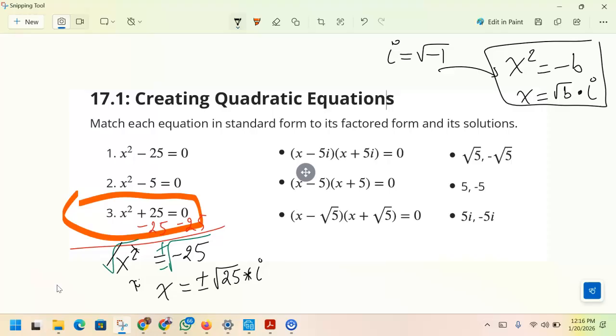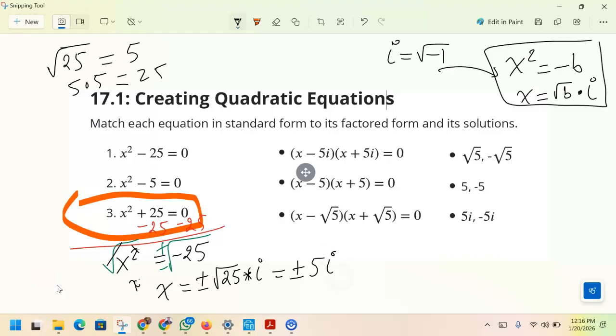Watch this i. So you have x equals plus or minus the square root of 25, and you already know what number multiplied by itself gives 25. It is 5, because 5 times 5 is 25. So the square root of 25 is 5, and there is the i.